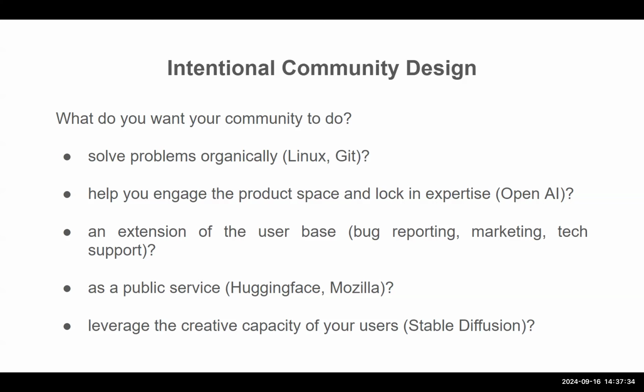But again, this is very different from solving problems for pay. It's just a different level of engagement. Then there's, of course, the public service model. Hugging Face and Mozilla are two platforms with a community as a public service. Hugging Face archives a lot of machine learning models and offers them to people.